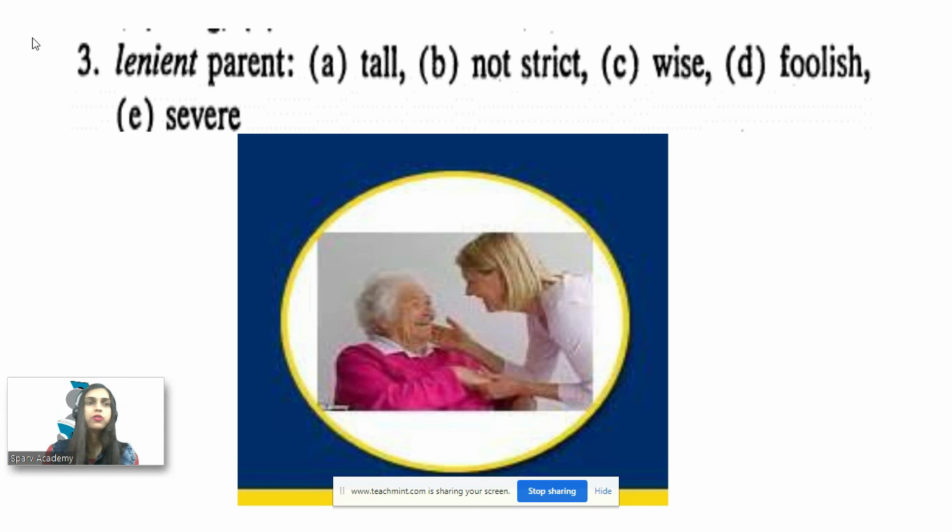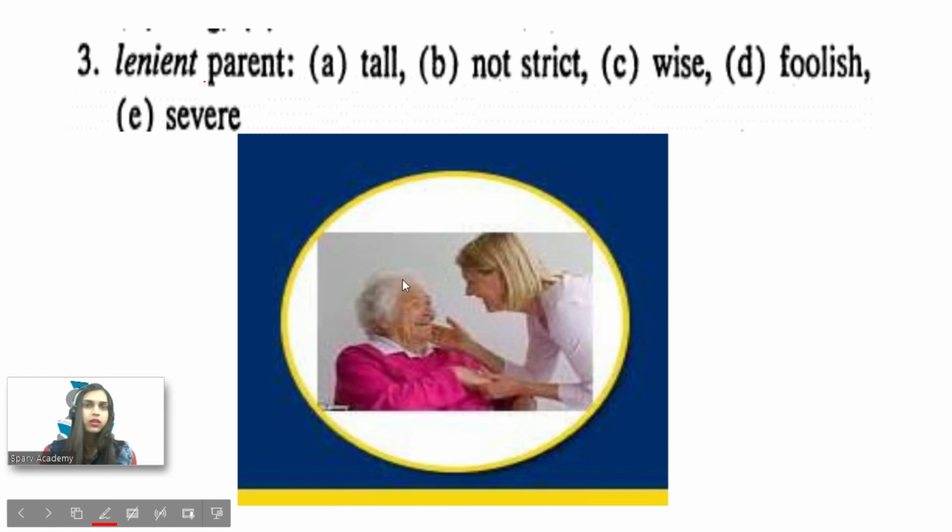Okay, the third one is lenient, and we have the options: tall, not strict, wise, foolish, and severe. As you see in the picture, the lady is not strict, very polite to a grandmother, and you can say has a very caring nature.